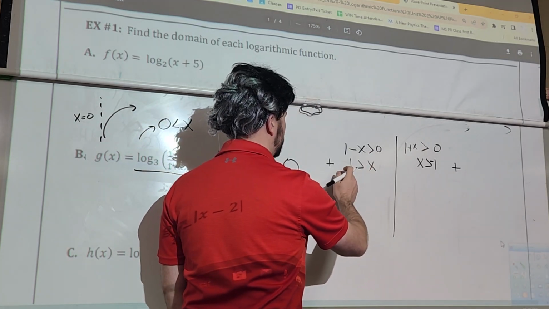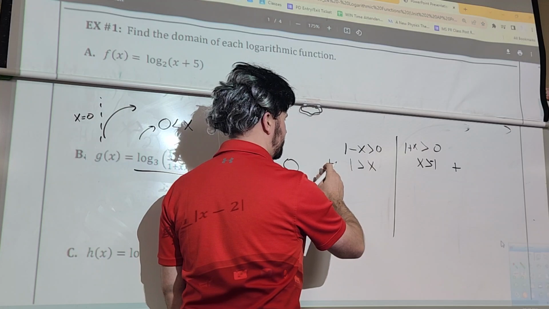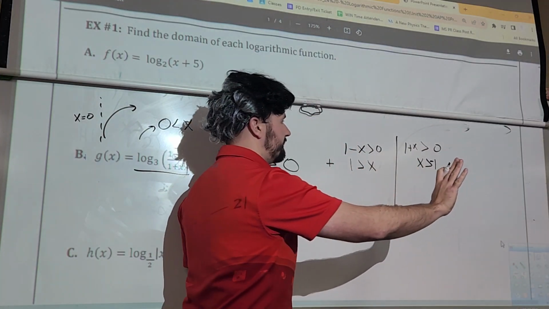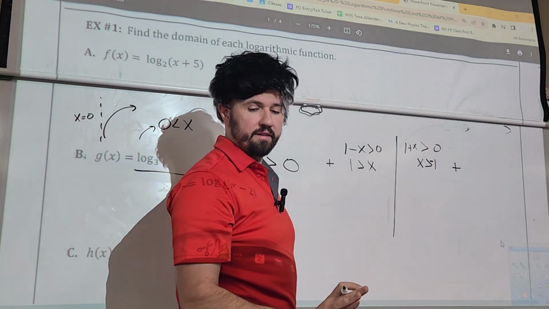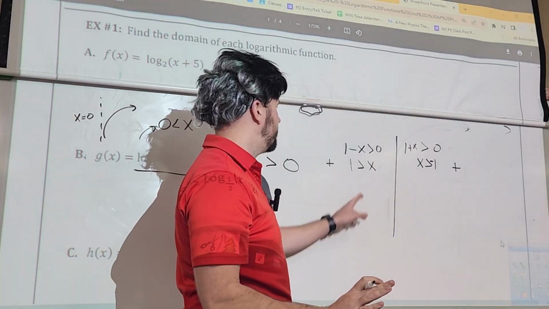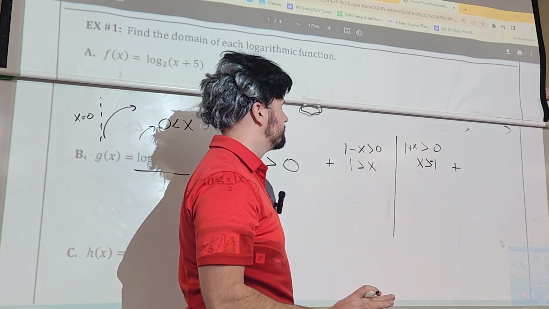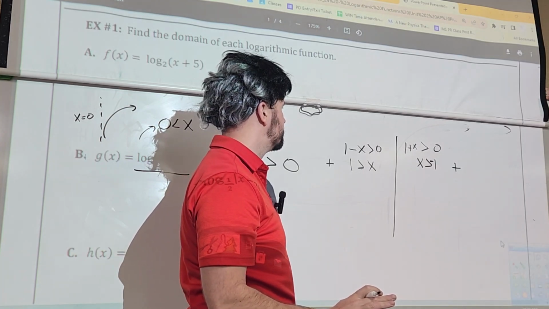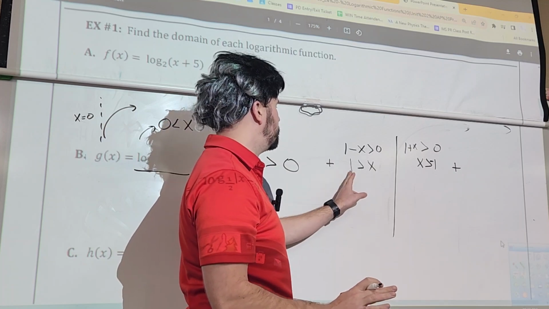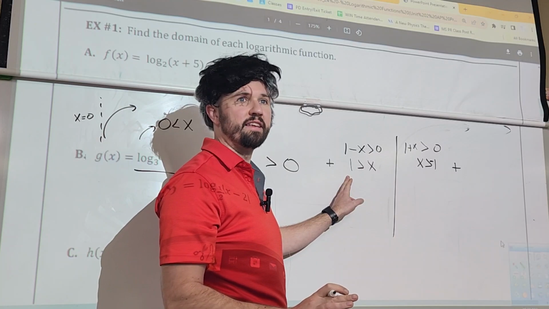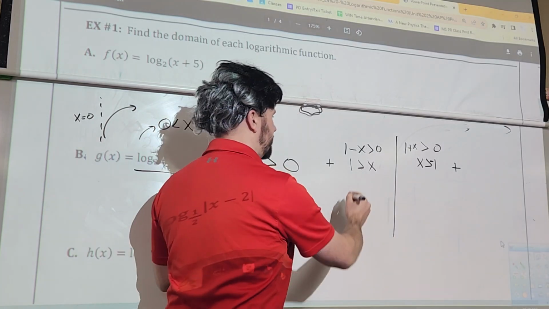When x is greater than negative 1, I'm positive. But, hold on. When 1 is greater than x, when x is less than 1, they're commutative. You can say it either way, because they're the same thing.